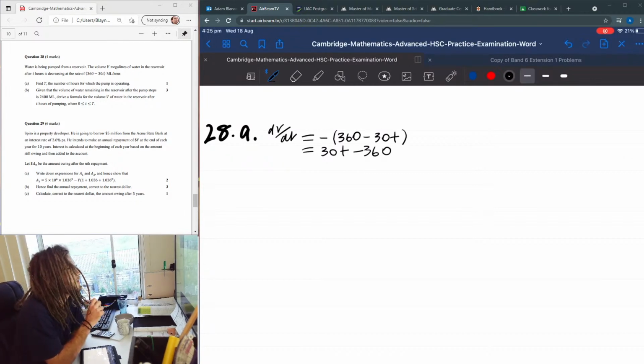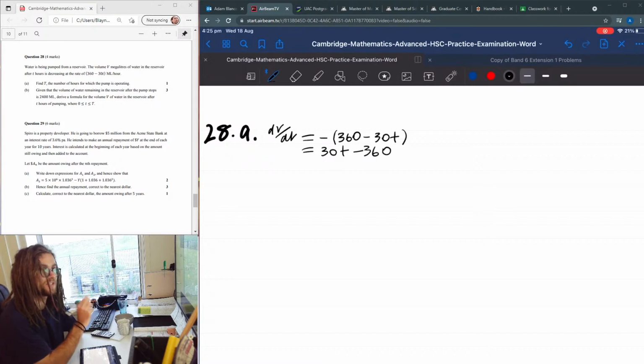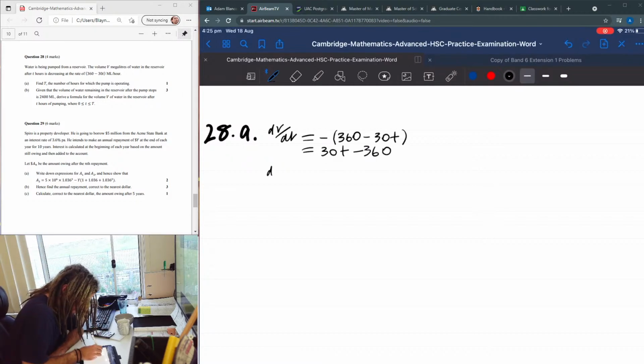Find t, the number of hours for which the pump is operating. Once it stops, the rate of decrease will be 0 because there'll be nothing left in it. So I'm looking for the rate when it stops.